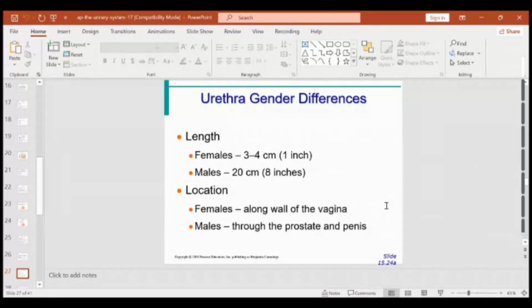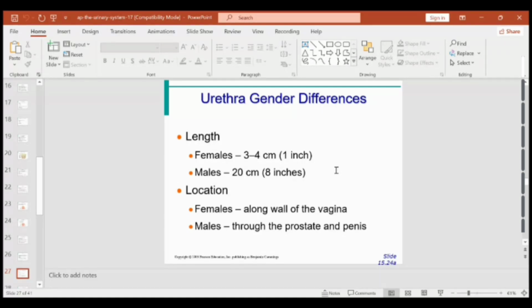We have differences in terms of gender. In females, the urethra is much smaller, and later you will learn, when you do catheterization, or simply inserting a catheter into the bladder, that in females you usually insert only a very small length, about an inch, and you should be able to balloon it and get the urine out.